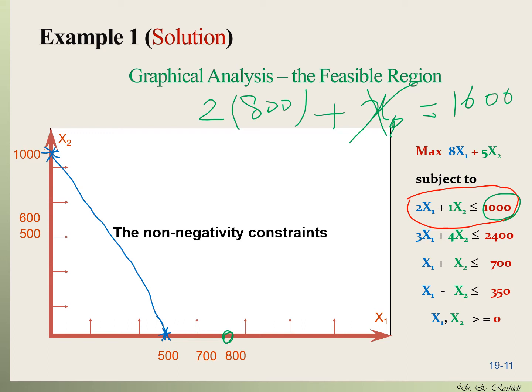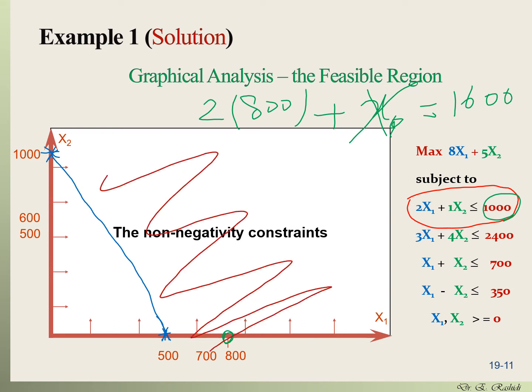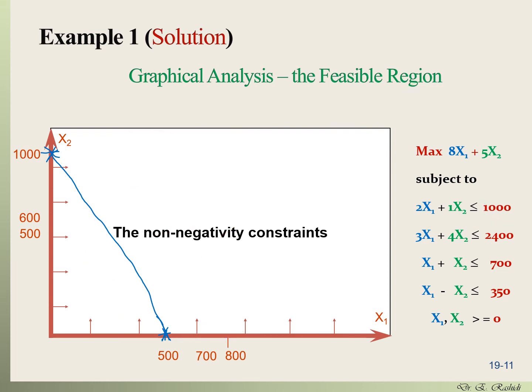It's greater than 1000. So this right side is not the feasible space for this constraint. The left side is. I'm going to highlight this space with this yellow color. So the yellow space here is our feasible space so far, considering only one constraint.